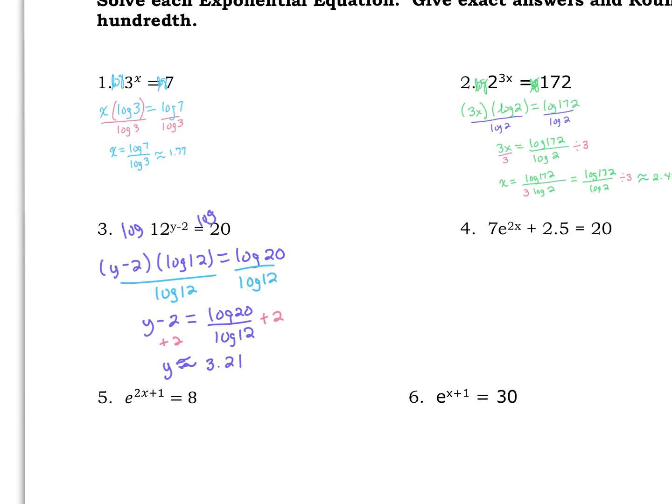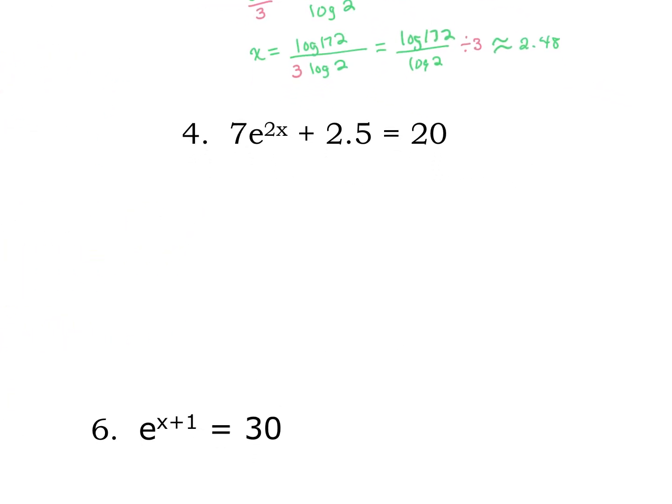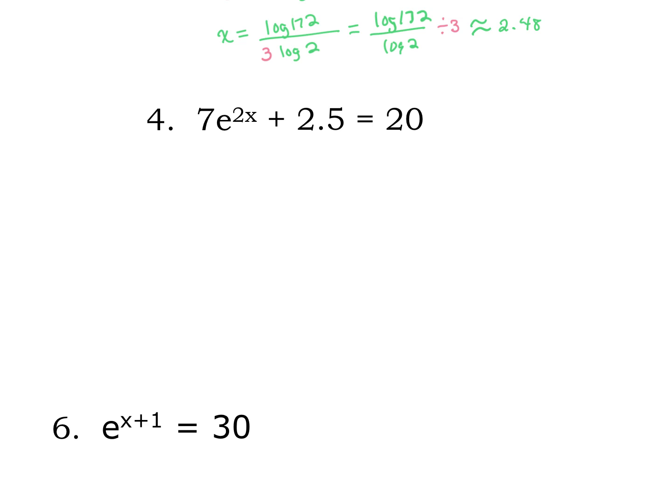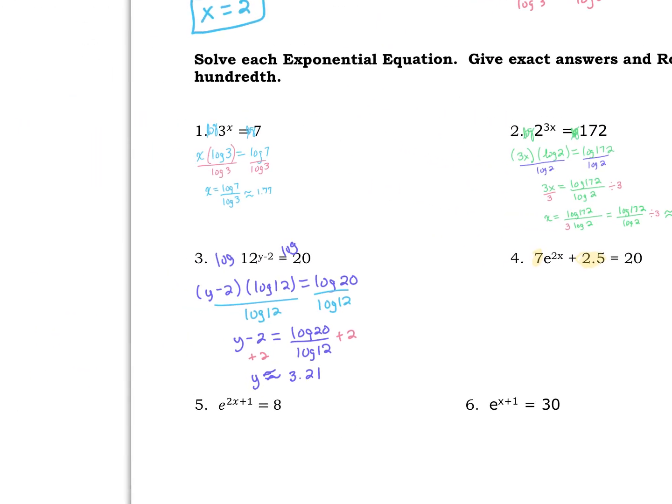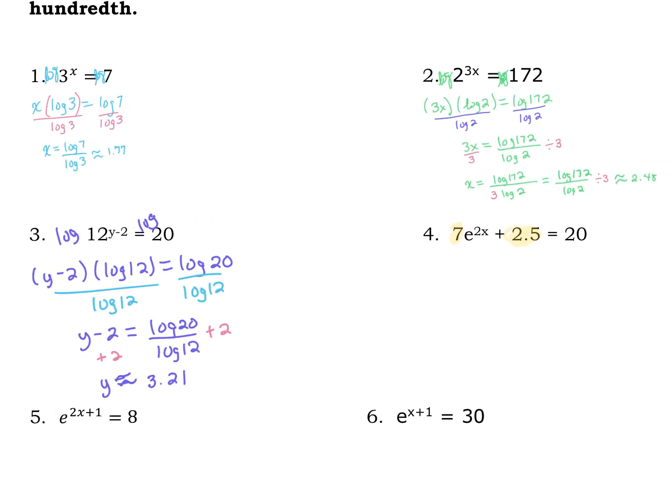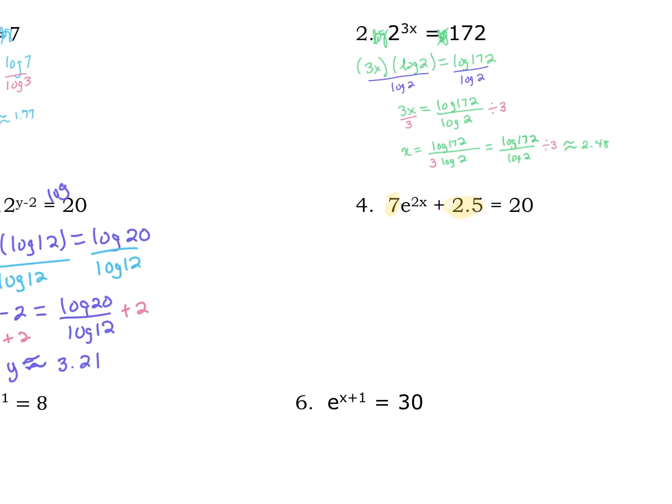Now this next example in particular, we want to be careful. We want to notice that there's a few extra little things that are going on first. On all of these other examples, if you notice, we've got just the base by itself before we take the log.